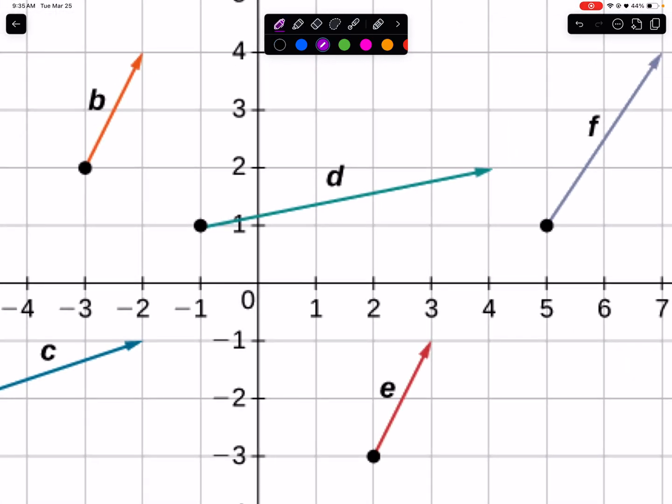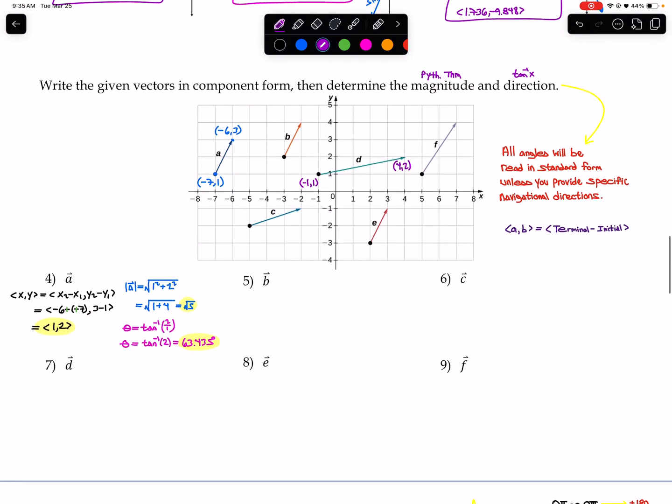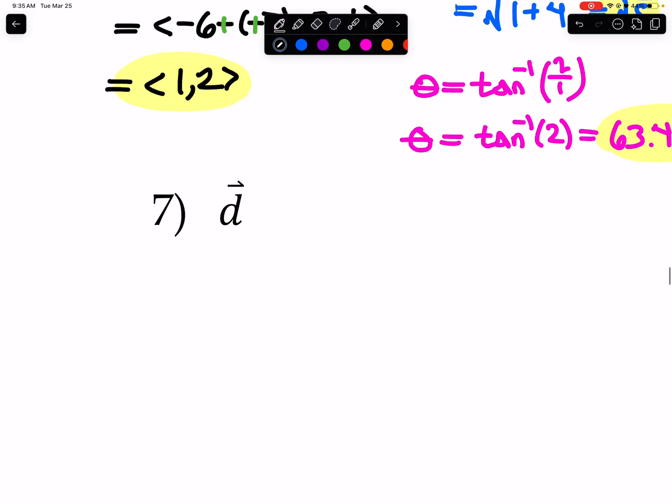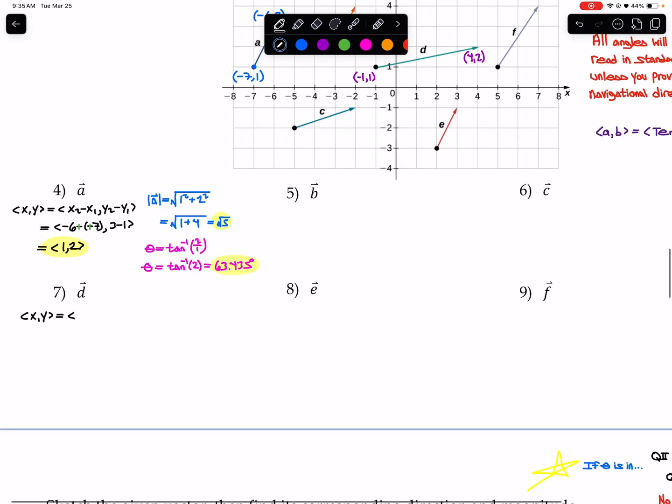All right, so with vector D, I have -1, 1 for the initial side, and then the terminal side we're given is 4, 2. So I need to start writing component form. Component form means I'm doing x, y in these parentheses, and then I'm going to do the terminal side minus the initial side.